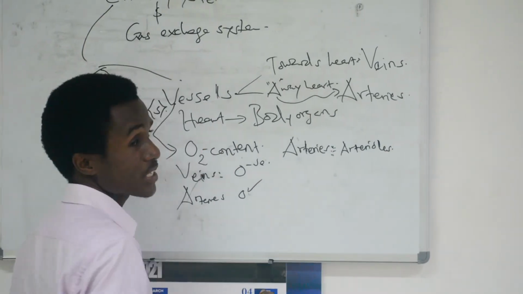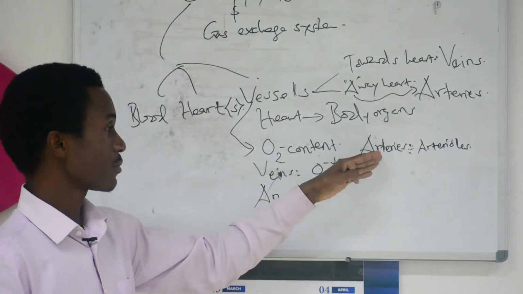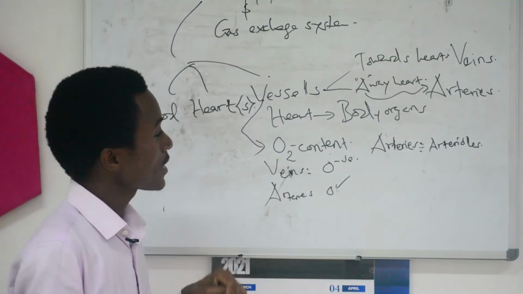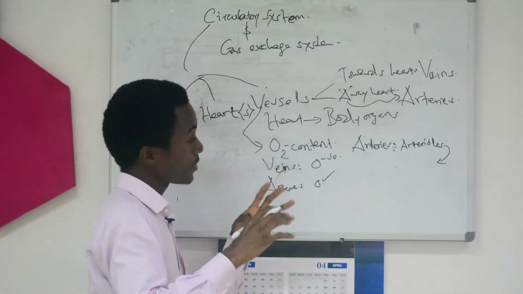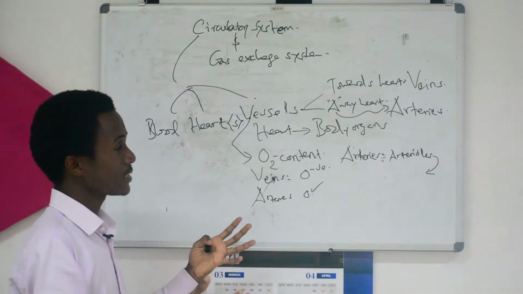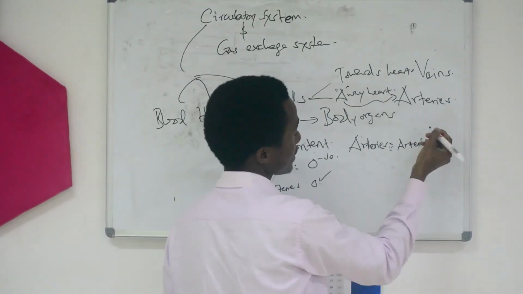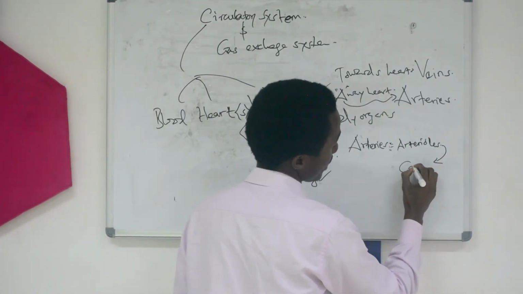Now these are much smaller in diameter compared to arteries. And from arterioles, these branch to make numerous tubes that are tinier than these, called capillaries.